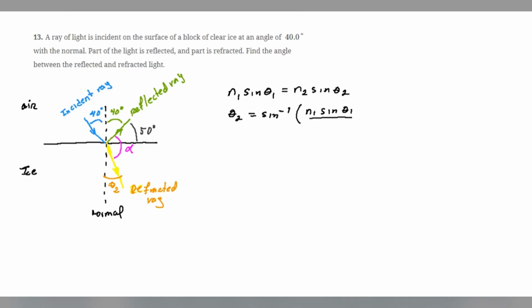Now, we know that the index of refraction for the ice would be 1.309. We know the index of refraction for the air is 1.00029.